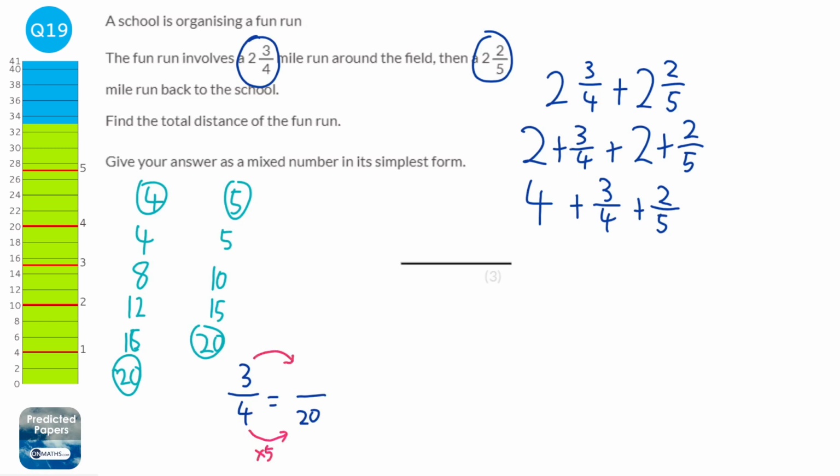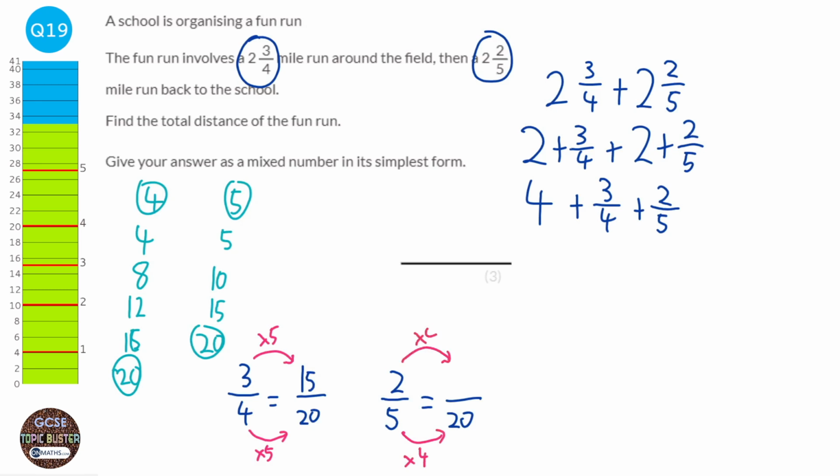And whatever you do to the bottom, you've got to do to the top, so times that by 5 as well, which will be 15. And for 2/5, we'll get that bottom to 20, so we times that by 4. And so we've got to times the top by 4 as well, to make it 8. So it's going to be 15 over 20 plus 8 over 20.